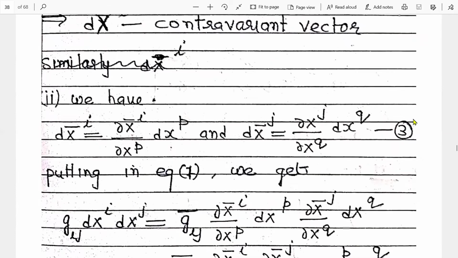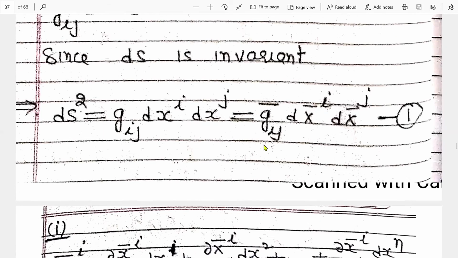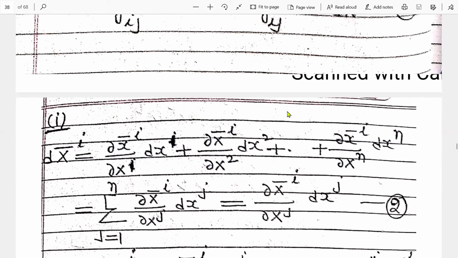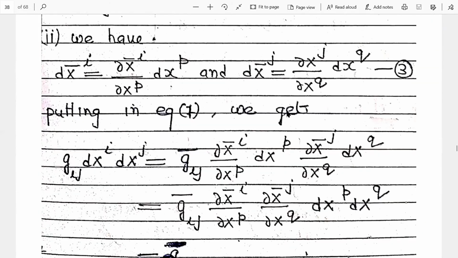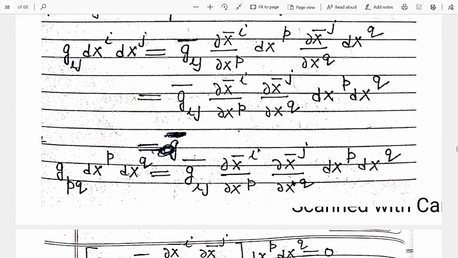So substitute this value in equation number 1. This is dx bar i, dx bar j. So substitute the value of dx bar i and dx bar j. In that case, we get these equations. On simplification, we get this equation.